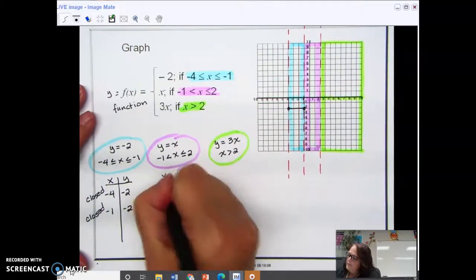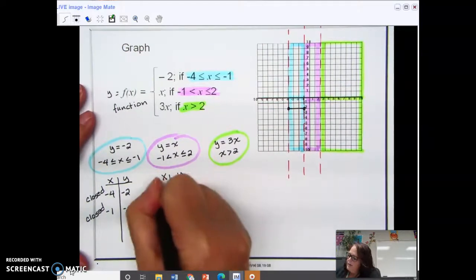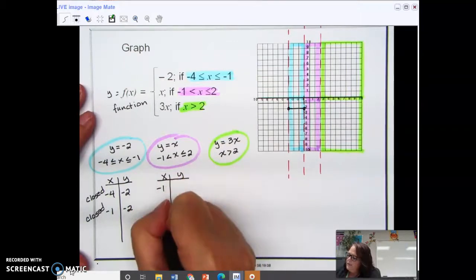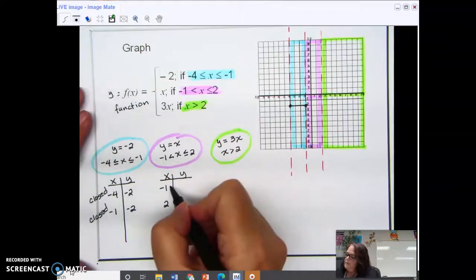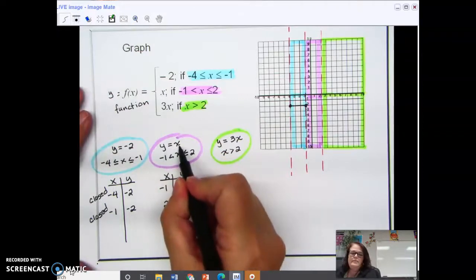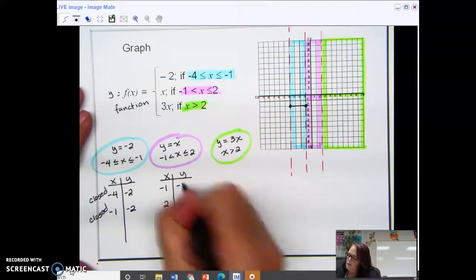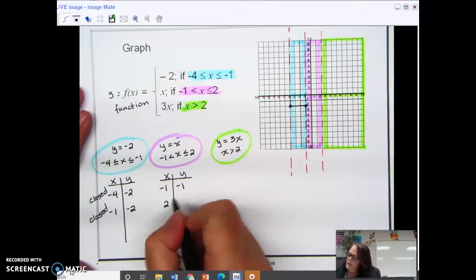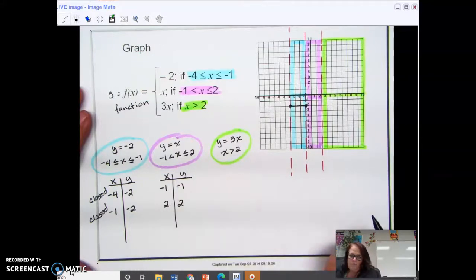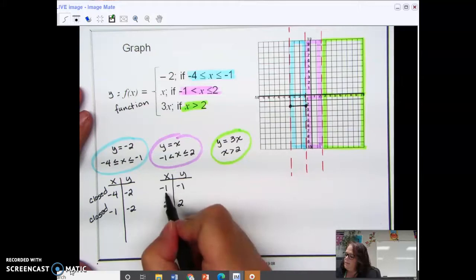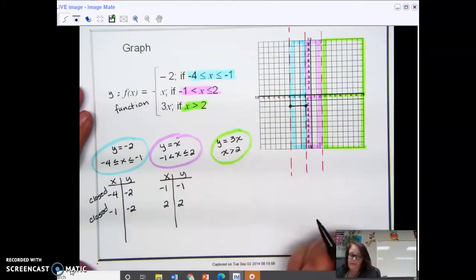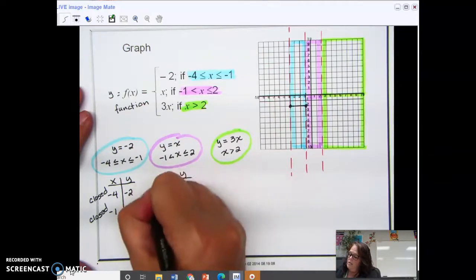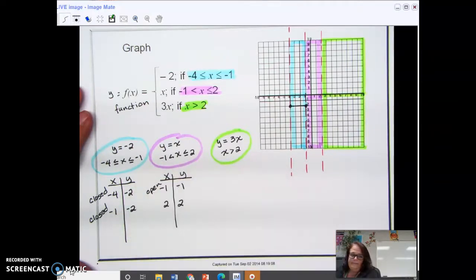So the next one, I'm going to make an XY chart. And again, I have 2 boundaries. So I have a boundary at -1 and a boundary at +2. So if I substitute -1, it says y is equal to x. So if x is -1, y is also -1. And if x is 2, y is also 2. So then let's check that boundary. Is -1 less than -1? Since that's a no, this is going to be open.